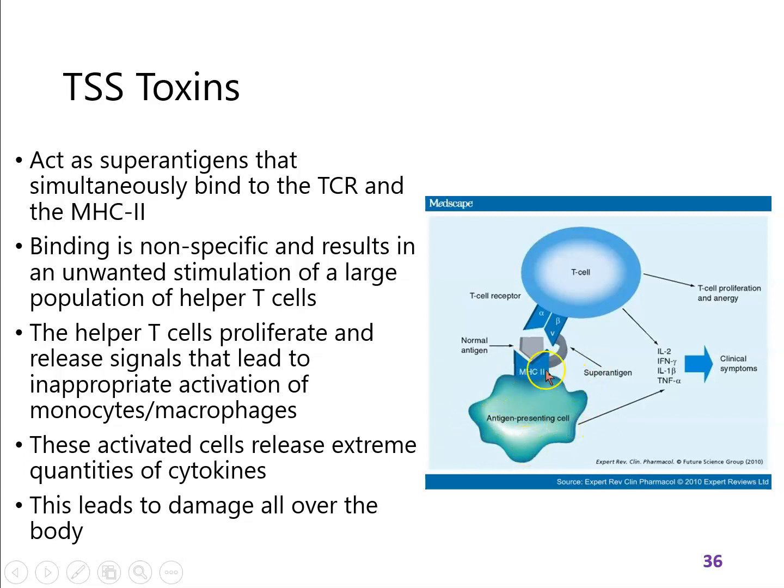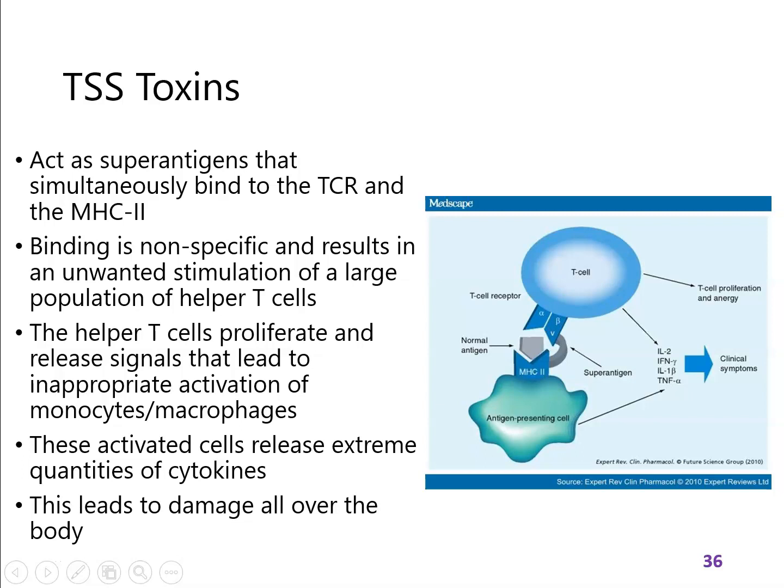Should I penetrate tissues? Should I do lots of phagocytosis? Should I release cytokines? And the T cell will say, if this is here, the T cell will always say yes. So the superantigen just makes every helper T cell interaction into a yes answer.